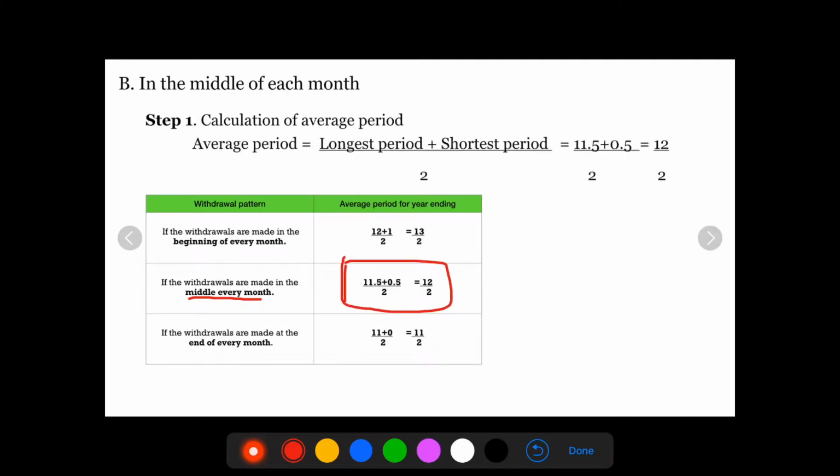So let's write the formula. Average period is equal to longest period plus shortest period divided by 2, which is equal to 11.5 plus 0.5 divided by 2, equal to 12 by 2. Again, the chart is going to be very helpful for us to write the calculation of average period.